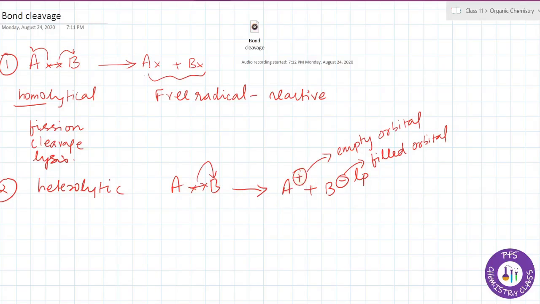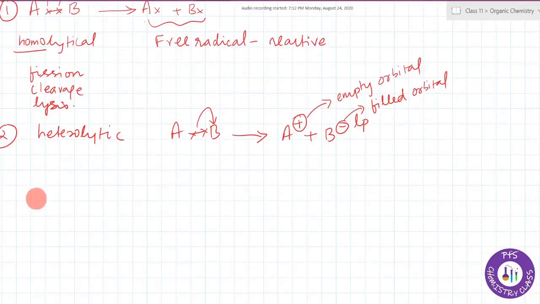So this is called heterolytic cleavage or heterolytic fission or heterolysis. This is unsymmetrical because the two electrons go to the same atom, and therefore they do not have a symmetrical distribution of the electron.